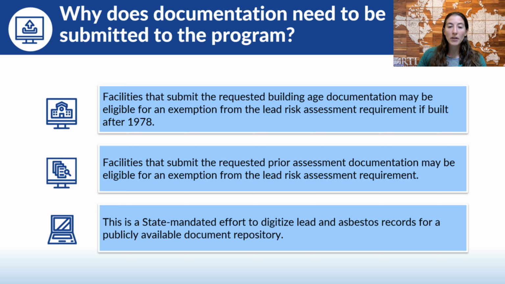Additional documentation may be requested to verify that the prior assessment meets the rule requirements and any identified hazards have been addressed. It is important that documentation is submitted to the program because this is a state-mandated effort to digitize lead and asbestos records and make them easily accessible in a public document repository.